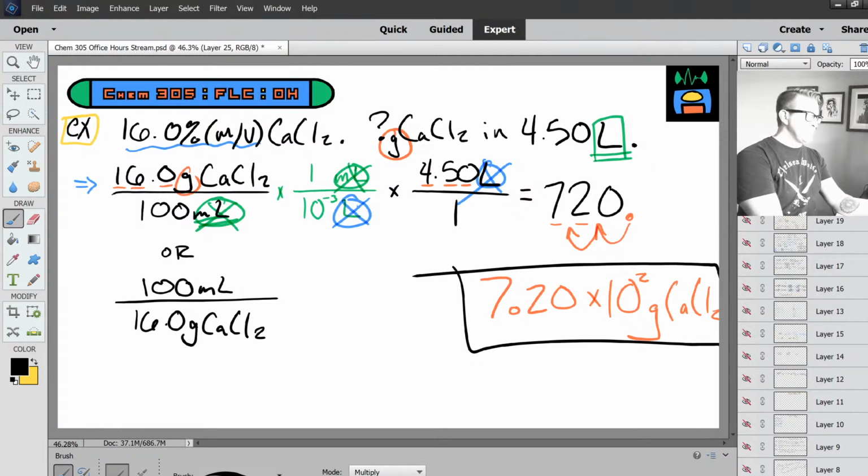All right, that is the mass of calcium chloride in 4.5 liters of solution.